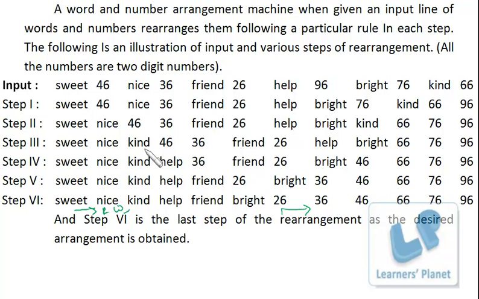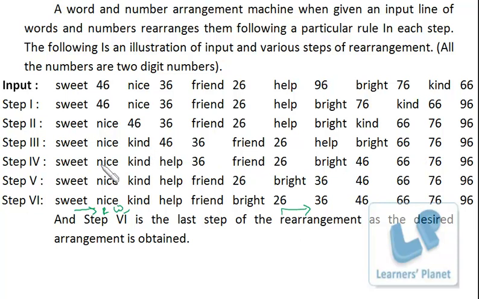In step 3, the third word kind is coming to this position, 46, 36 as it is, friend, 26 as it is, help, bright as it is, kind has already gone, 66, 76, 96. So only one change has taken place, that is the position of kind, because number 66 was already at the right position. Otherwise there would also be 2 changes, but since 66 is already at the right position, only one change is required.